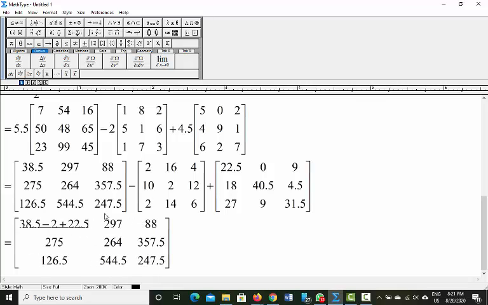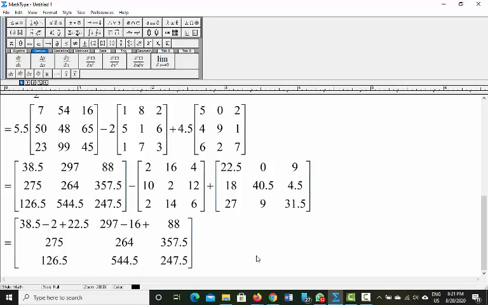Similarly, from this one we will deduct 16 plus 0. Now from this one we will deduct 4 and we will add 9.